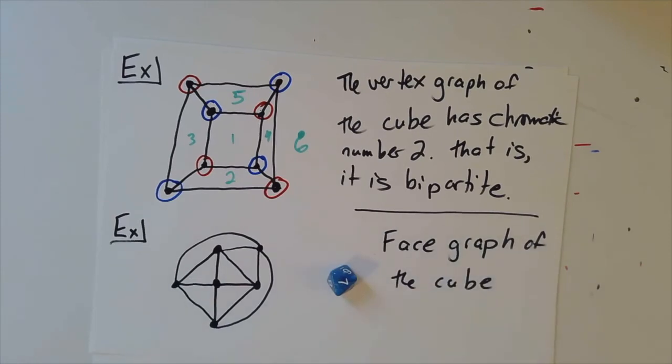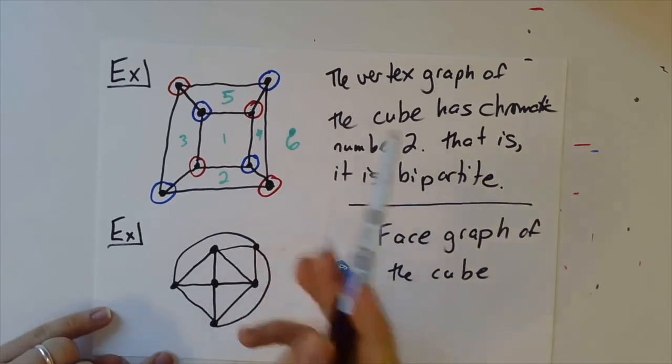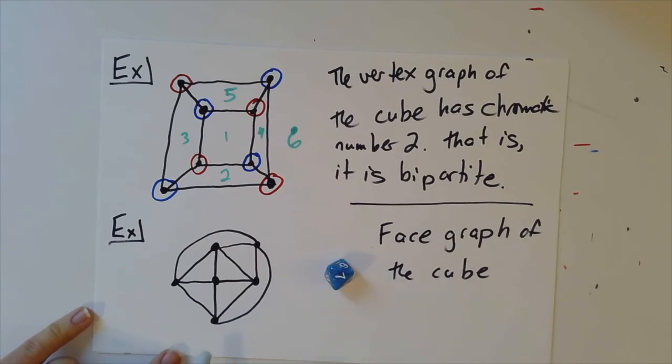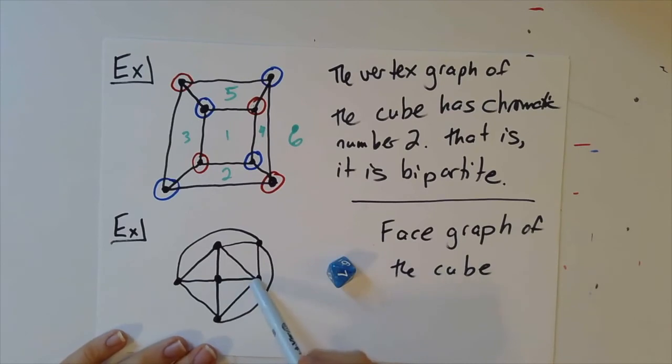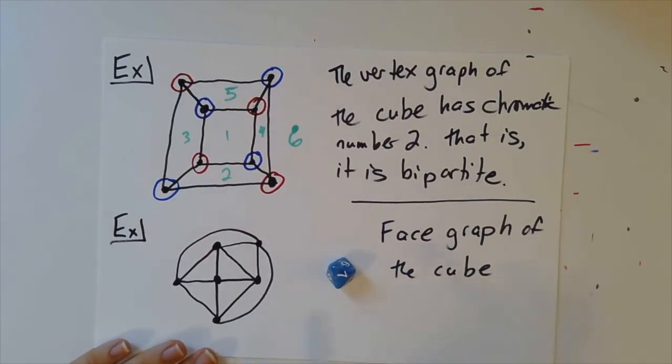So, really, when I'm talking about coloring the faces of a cube, I could just as easily, if I preferred, talk about coloring the vertices of an octahedron, and vice versa. If I did the same process where I labeled the 8 faces here, and then drew the graph connecting them, I'd get this graph again, and so I could color that. So whichever you prefer to think of yourself as coloring, that all works out.